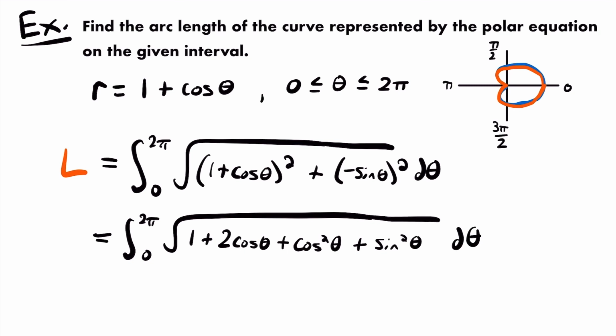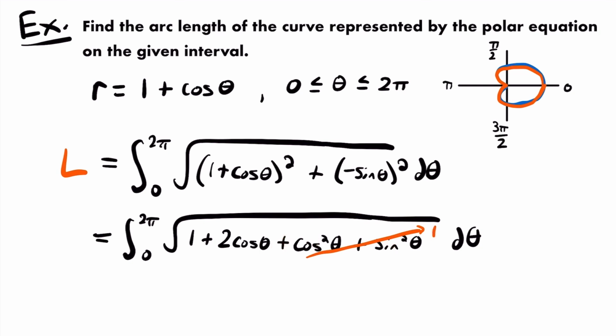Now to simplify further, notice that something pretty nice happened here. We have cosine squared theta plus sine squared theta. We know that that is equal to 1 using that Pythagorean identity. So this is just going to become 1, but we're not multiplying it by anything, right? We are adding these two terms, so we're going to be adding 1.